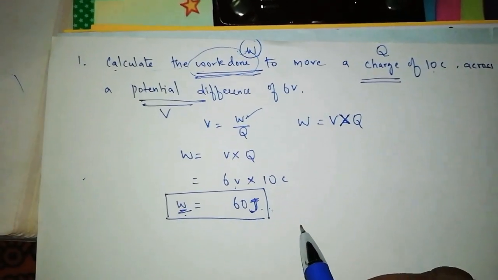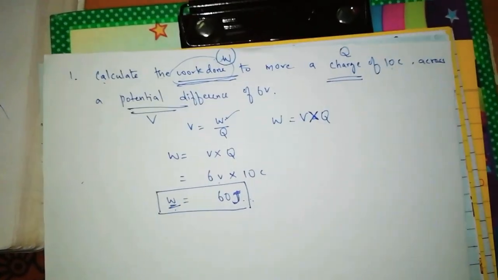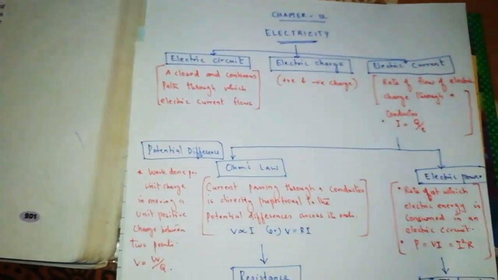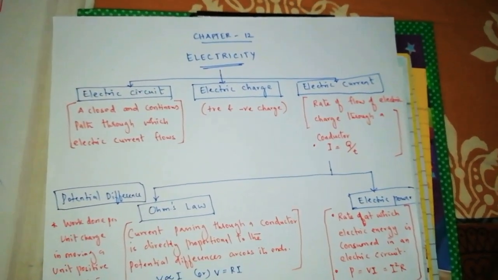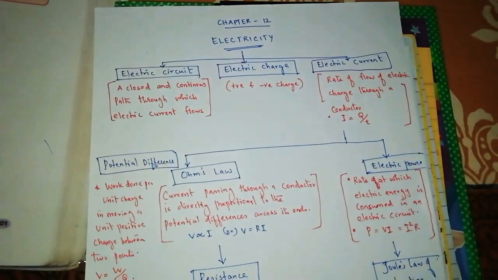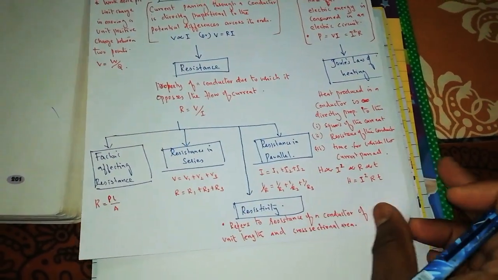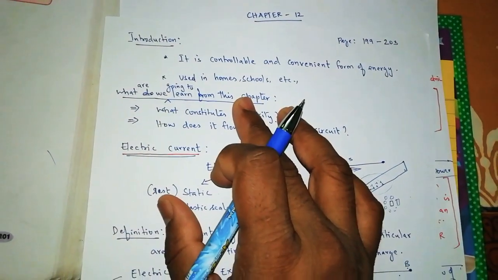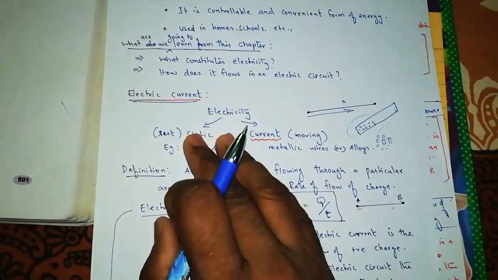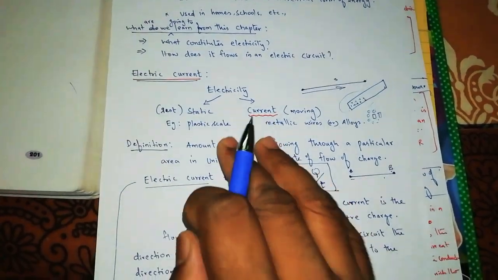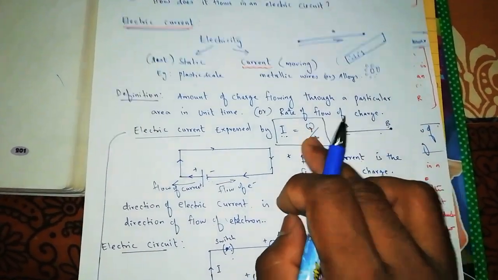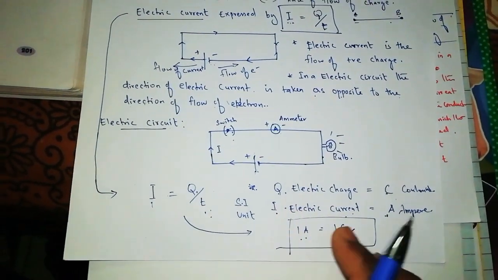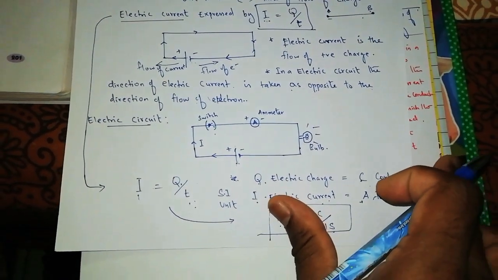So I just want to summarize what we learned today. First we learned the complete outline of electricity, what we are going to learn in this chapter. Then we learned the introduction of electricity: what is electric current, the definition and formulas of electric current, what is an electric circuit, and how to write the SI unit of electric current.